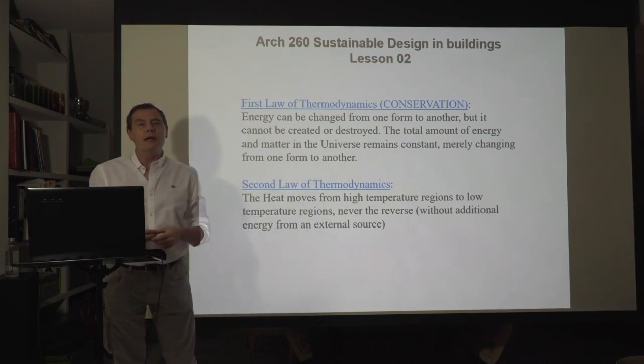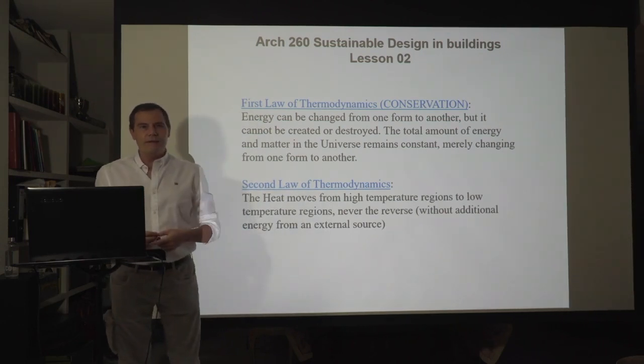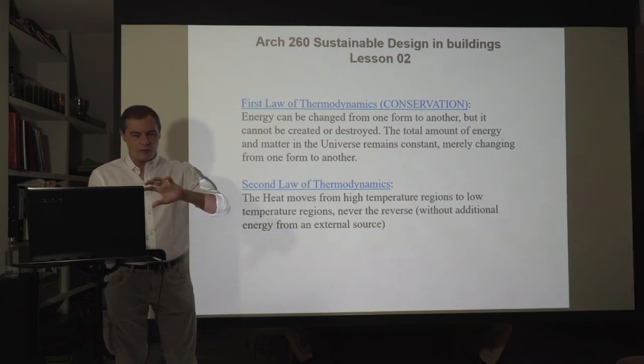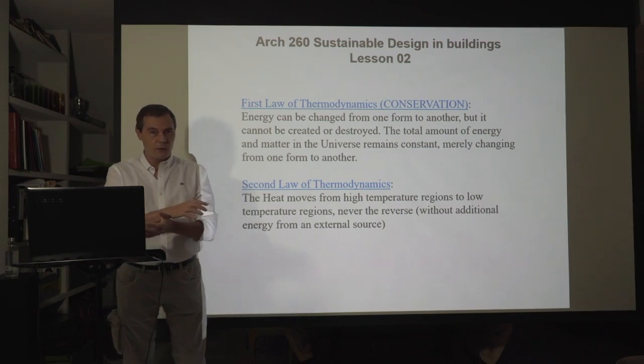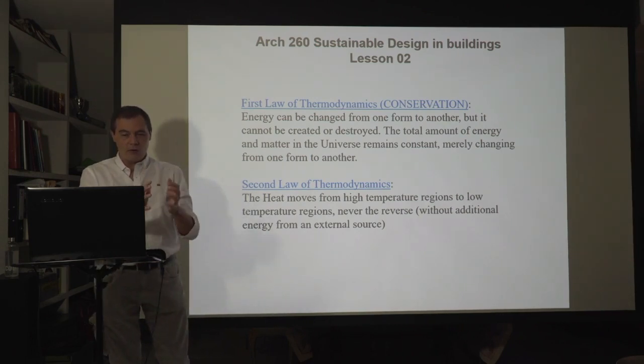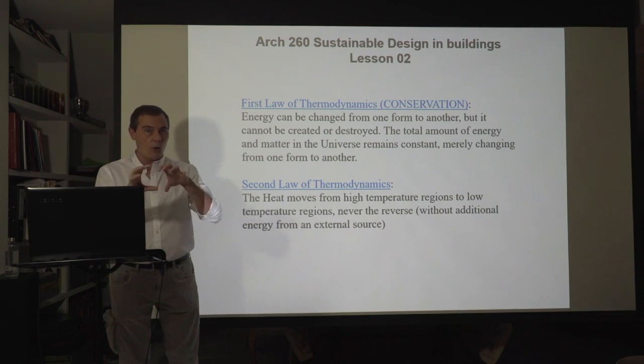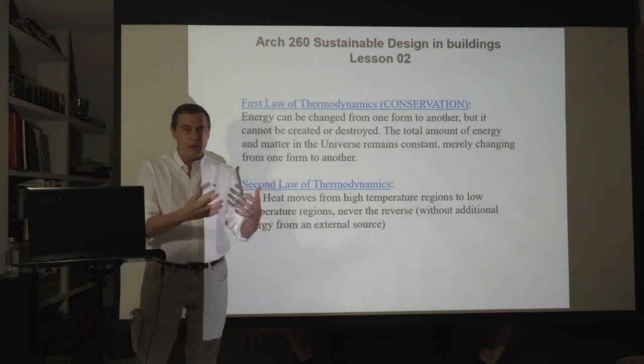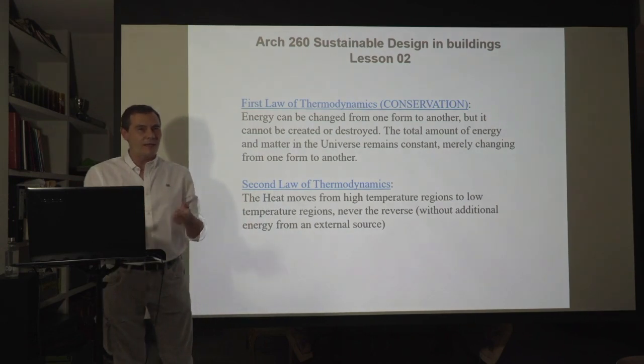That's very important, because human beings before us figured out how to work with the reverse of this second law of thermodynamics. We can now transfer heat from cold regions to hot regions. How can we do that? We need devices, and those devices run on electricity.